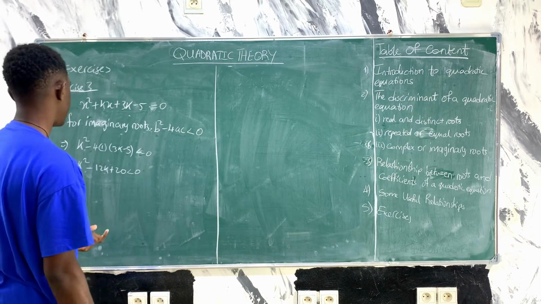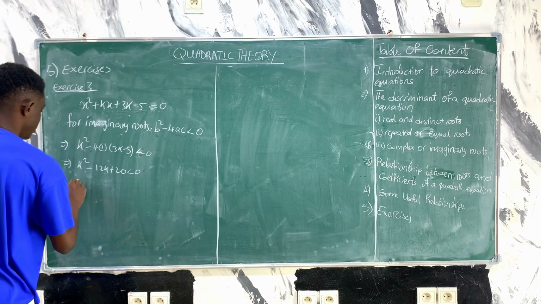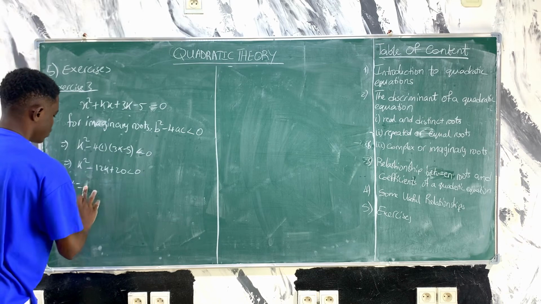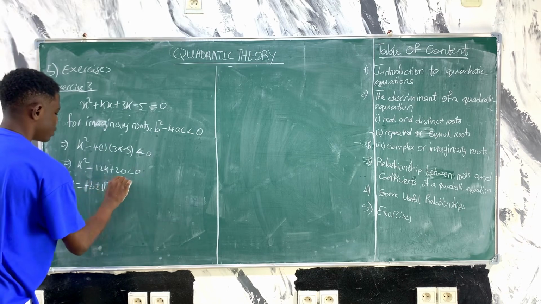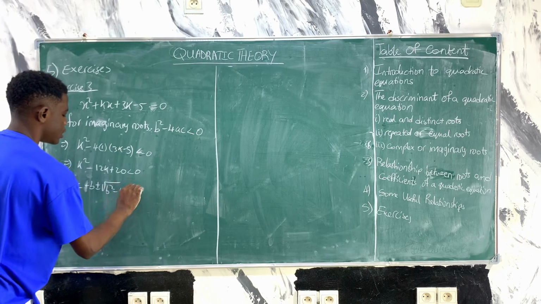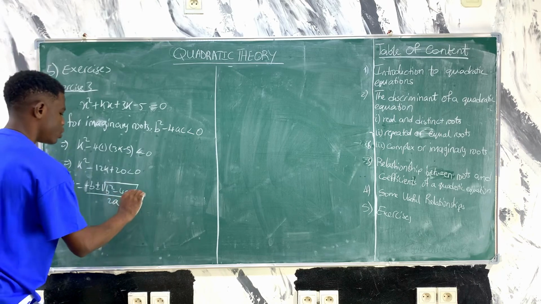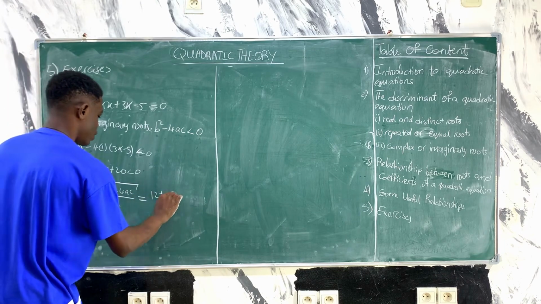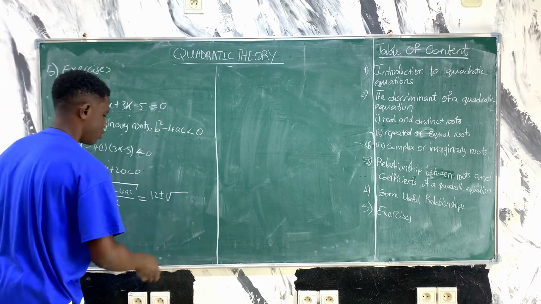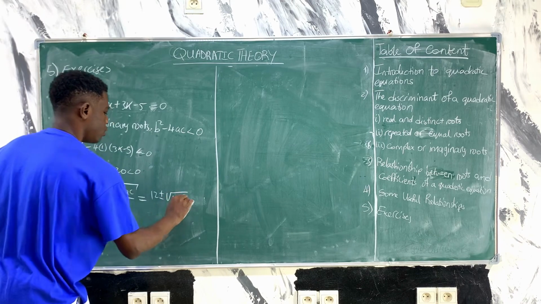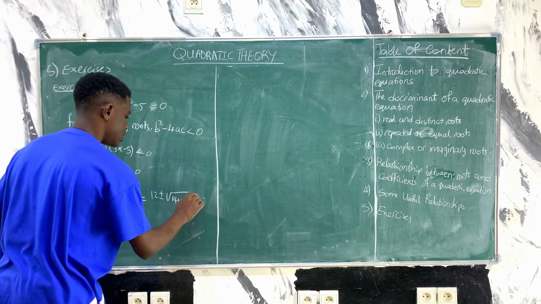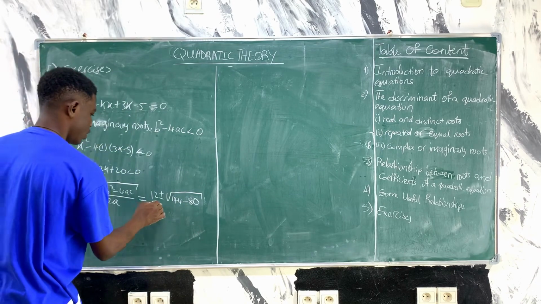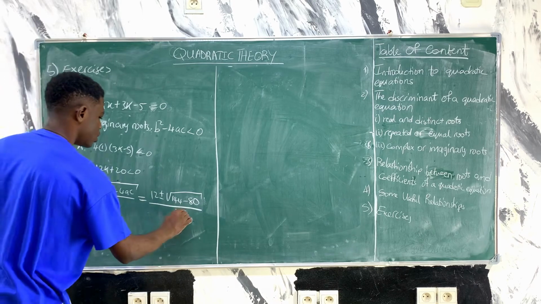So from here I can do my formula method. I have k equals minus b plus or minus the square root of b squared minus 4ac, all over 2a. That will be equal to minus b is 12, plus or minus the square root of 144 minus 4 times a times c, 80, all over 2a, which is just 2.